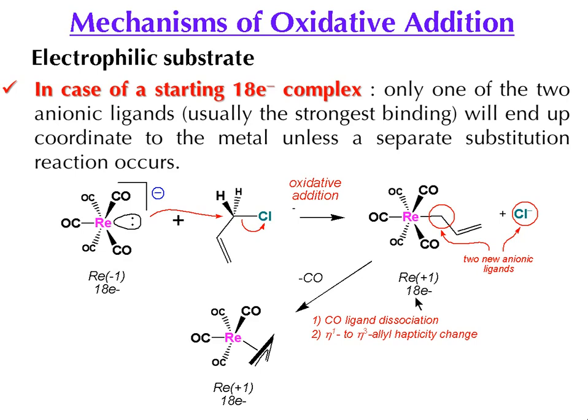This is a complex of 18 electrons, so Cl minus could not be added to the inner sphere of the Re complex. This reaction will lose one CO ligand, so it will release a vacant site, but in this case the hapticity change reaction is stronger than the addition of Cl minus. So we will have a hapto change from hapto 1 to hapto 3 allyl, and not the formation of a rhenium-Cl bond.